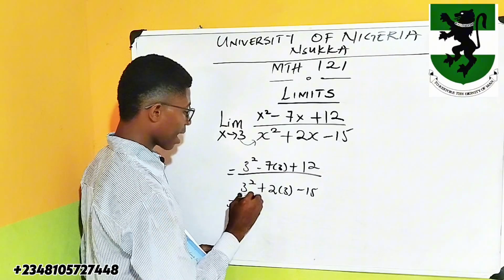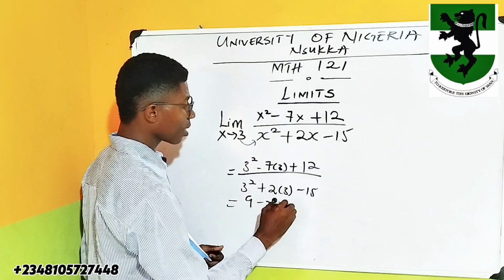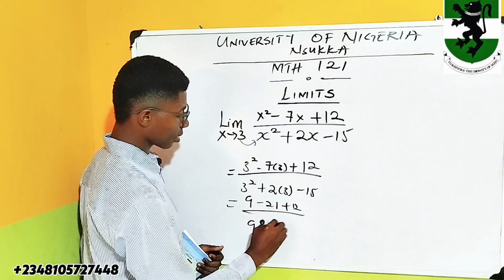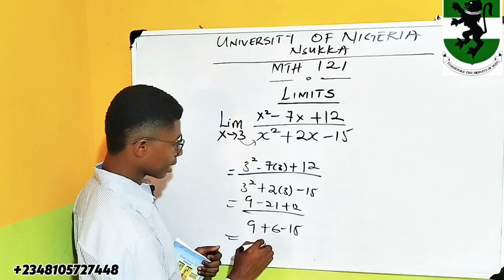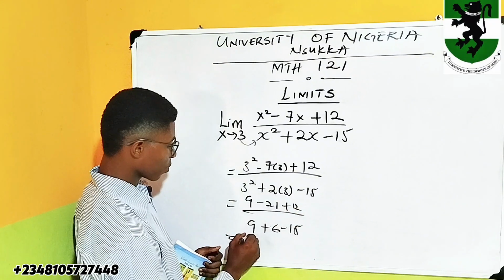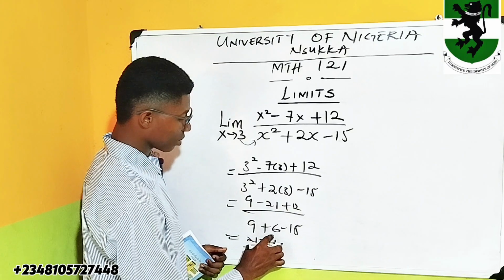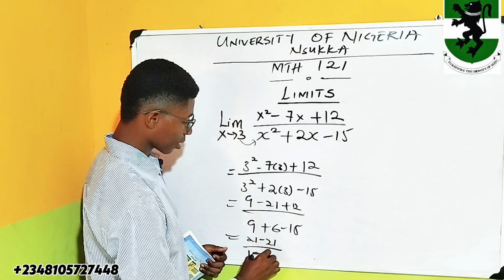Simplifying, we have 9 minus 21 plus 12 all over 9 plus 6 minus 15. And 9 plus 12 is 21 minus 21, all over 9 plus 6 is 15 minus 15.